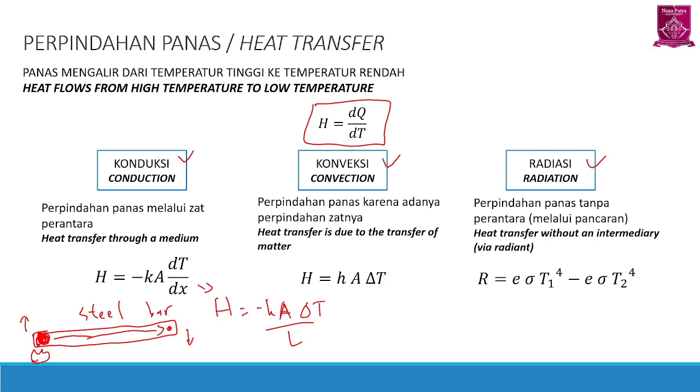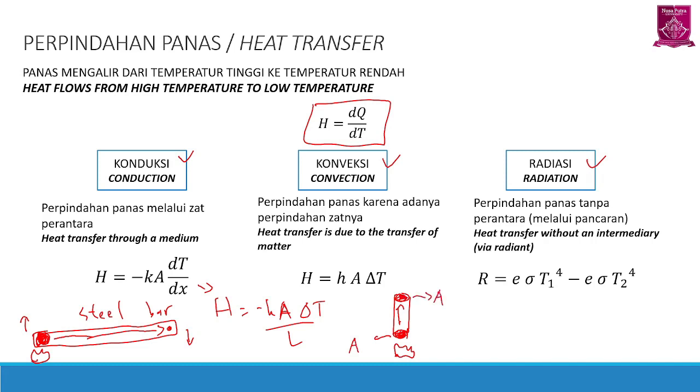So if I have a tube here and I heat the bottom of the tube, the heat will flow from the bottom to the top, right? So the surface area here is the bottom part, or the top part here.